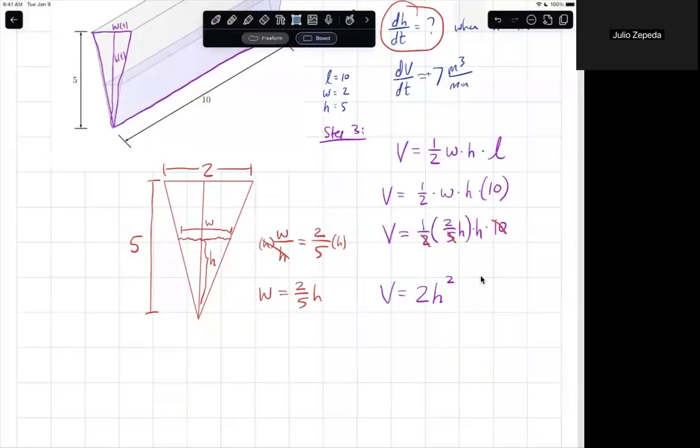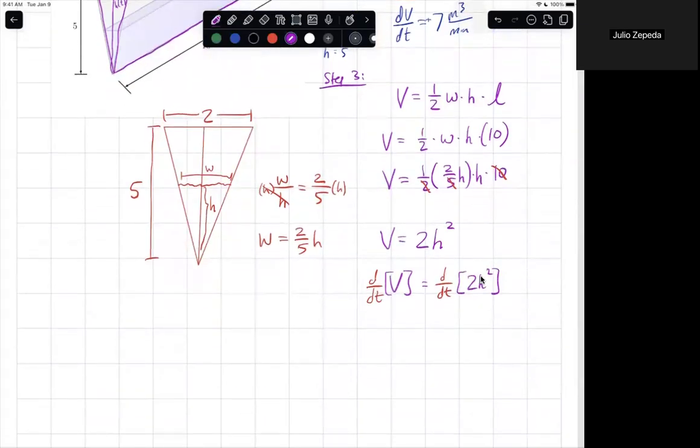So now we can take the derivative of both sides. The derivative of V is equal to the derivative of 2H squared. So we get dV/dt equals, the derivative of 2H squared is 4H times, since H is really a function of time, this is a composition of functions, so we need to multiply by dH/dt. All right.